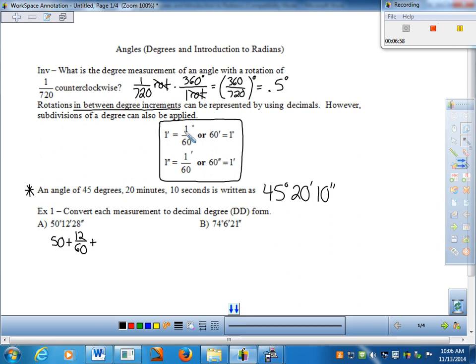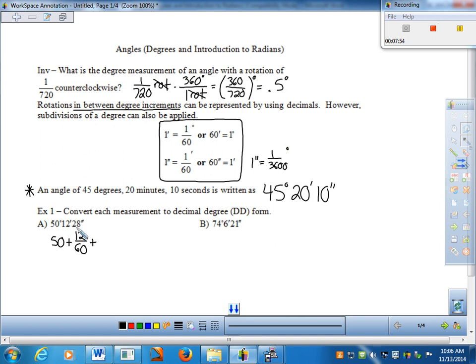So by the way, a 60th of a 60th, well, as it turns out on the denominator, everybody, 60 times 60 is 3,600. So in reality, and if you want to go ahead and put it over here, it's not such a bad idea, but 1 second is a 60th of a 60th, or 1/3,600th of a degree. So if you want to write that in, that's fine. If you don't, no big deal.